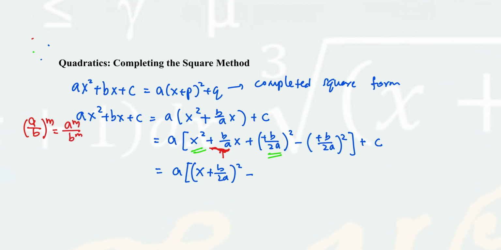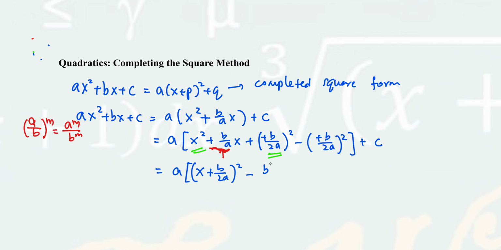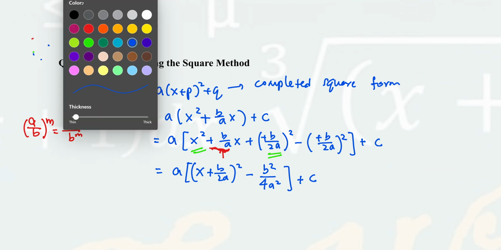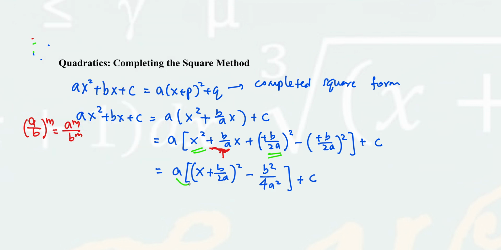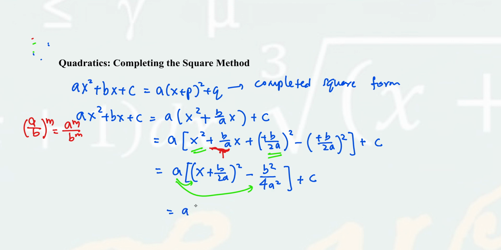So now here I will be getting b squared over, bring in the power to 2a, that is going to be 4a squared, close bracket, plus c. And next step is just multiply this a to these two terms. Therefore, I will be getting a bracket x plus b over 2a squared minus b squared over 4a plus c.